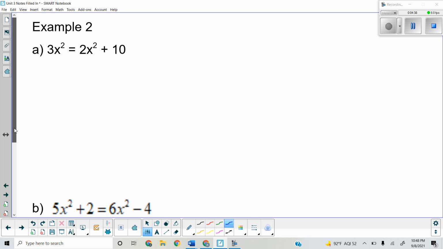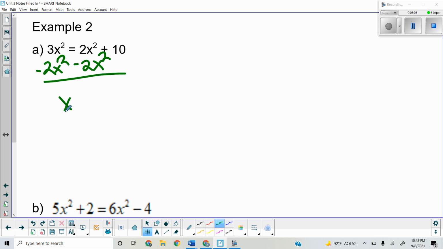Alright, so now we have variables on both sides. We have 3x squared on the left and 2x squared on the right. I prefer to move my smaller coefficient term. So 2 is smaller, so I'm going to move 2x squared by doing the opposite and subtracting it on both sides.